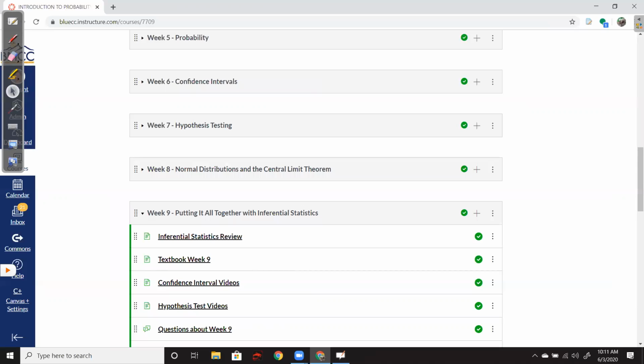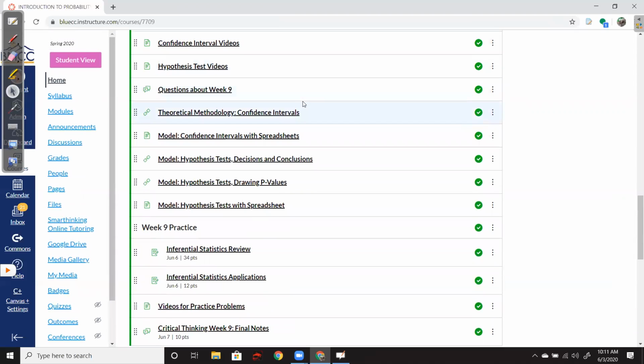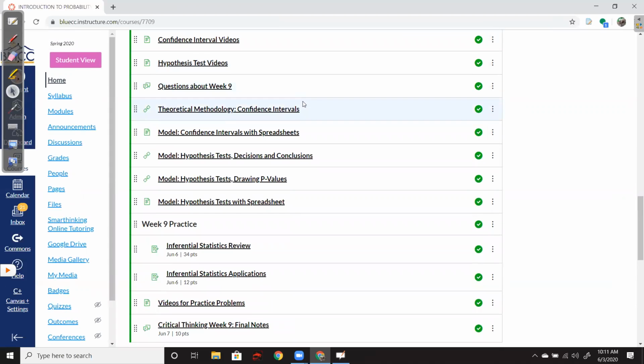Okay, and then 10 and 12 inferential statistics. Which one is that? Mercedes, is that the review or the application 10 and 12? It's the inferential statistics review. Okay, so that's the first one. All right, so review 10 and 12.